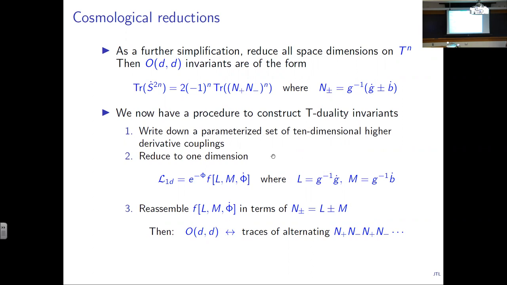The other thing you can do, which is what motivated us, is suppose you don't know the full set of couplings in 10 dimensions. Let's say you don't know the completion of R to the 4 in 10 dimensions. So you can write R to the 4 plus a whole bunch of parametrized couplings with constants C1, C2, C3 up to C800 or something like that.